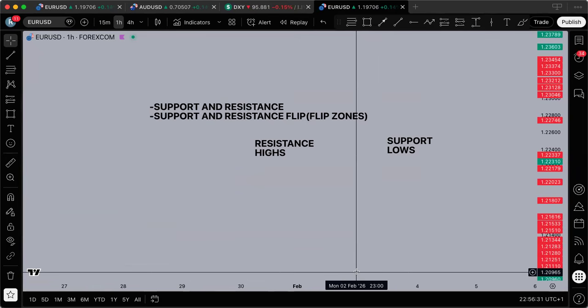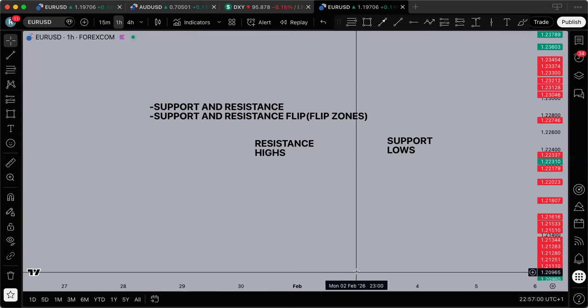I'm going to tell you guys that I don't use support and resistance flip. Based on my own personal experience, they don't usually work. I'm just teaching you guys so that you have an idea of how it looks.